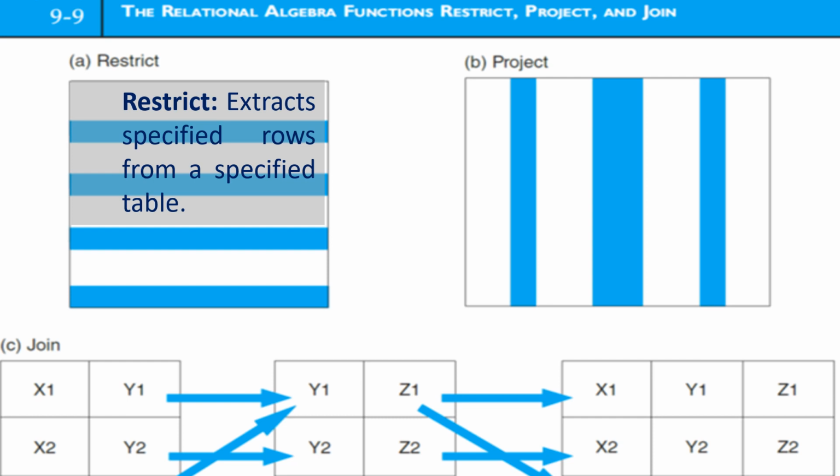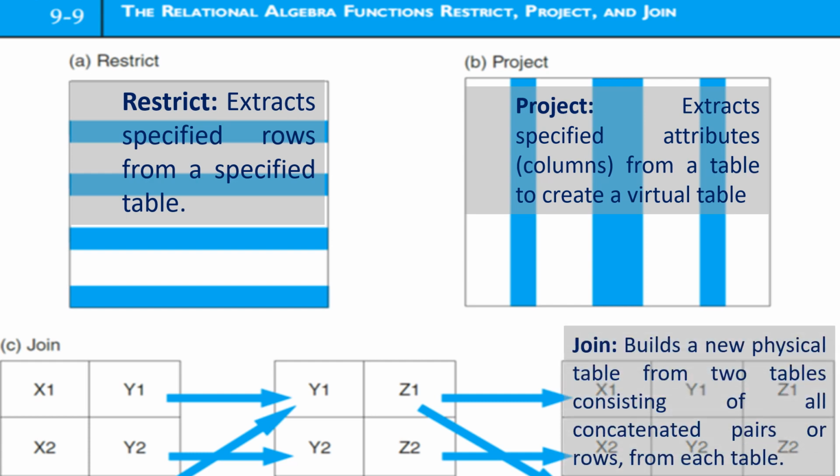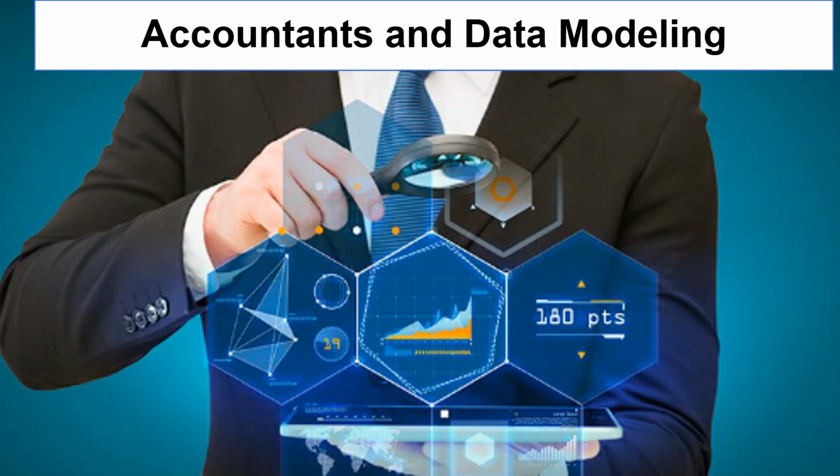This is how programmers manage, design, and model the database. Then project is just about the columns, and join, as we said, is building a new physical table from two tables consisting of the rows and pairs from each.